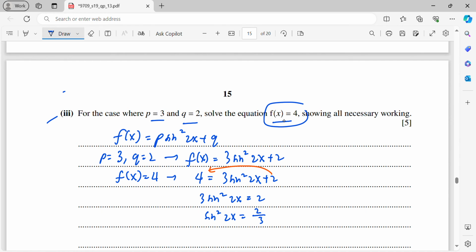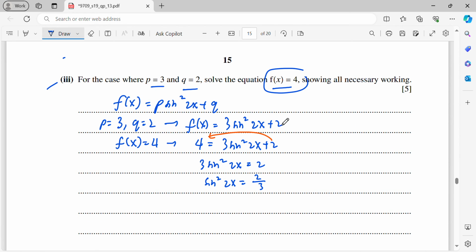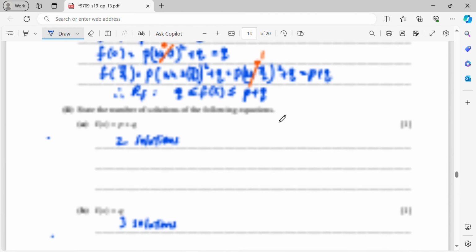So now, when you look at here, sin²(2x) is 2/3. So the sin 2x, move the square to the other side. That is plus minus square root of 2/3. And now, your signs are positive and negative, means all 4 quadrants. Okay, and at the same time, look at the domain.